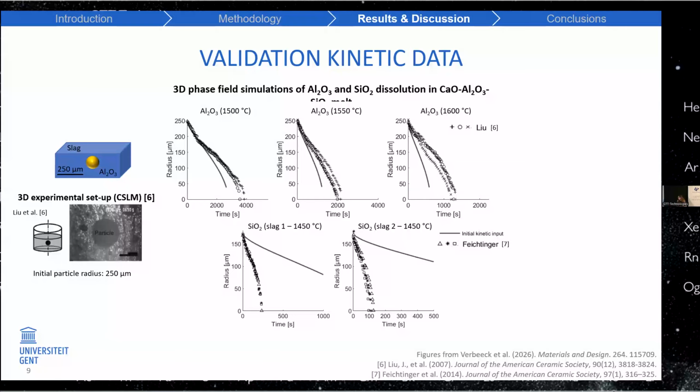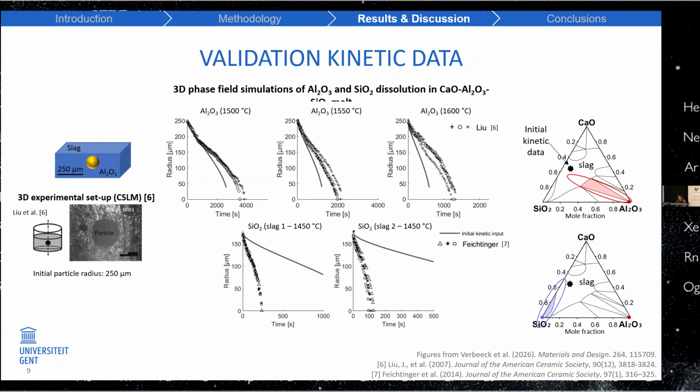Now, first, we did the simulations also using the initial kinetic data to see where we were starting from, what was there in the beginning, and how our reparameterization actually improves, or that was what we were hoping, that it would improve our agreement. So those were our initial results with the initial data point.